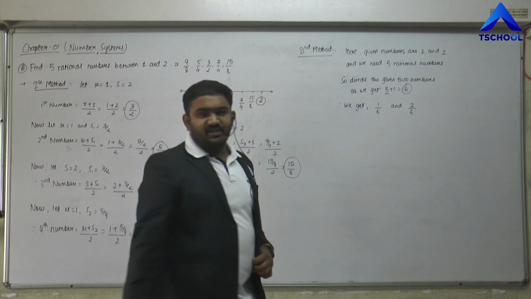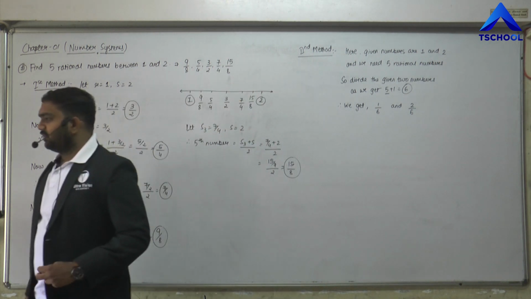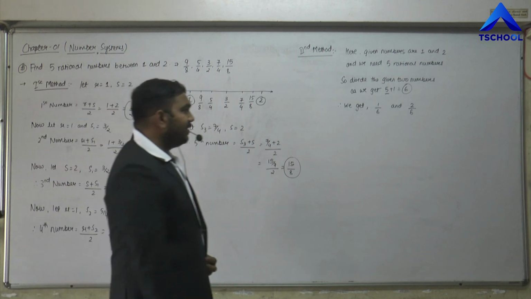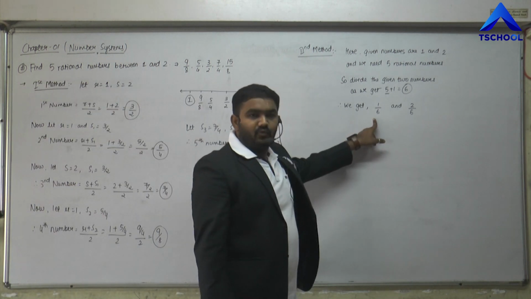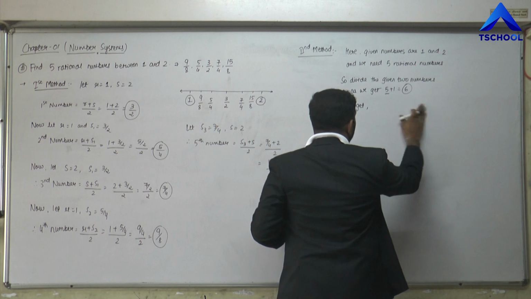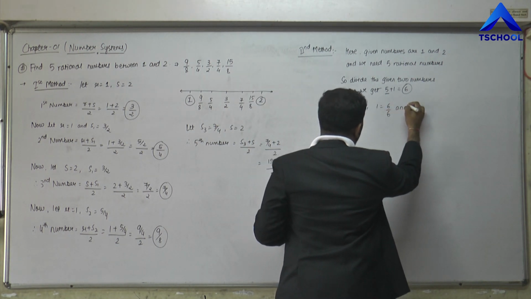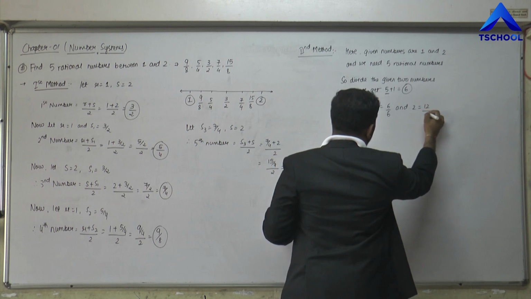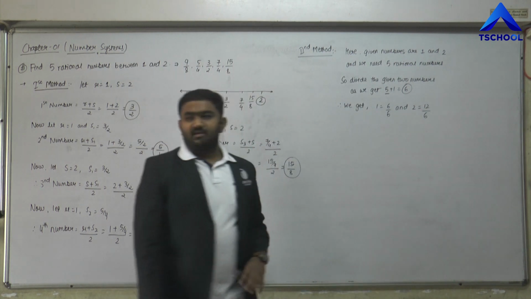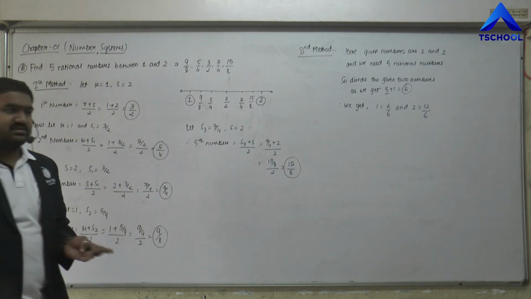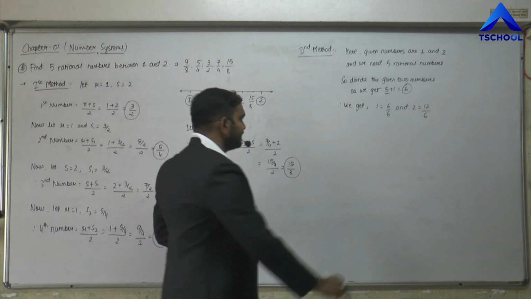But see friends, if I only divide the numbers by 6, is it possible for me to get the number 1? No. So what should I write here? We get 1 equals 6/6 and 2 equals 12/6. Right. Now this 1 can be written as 6/6 and this 2 can be written as 12/6.